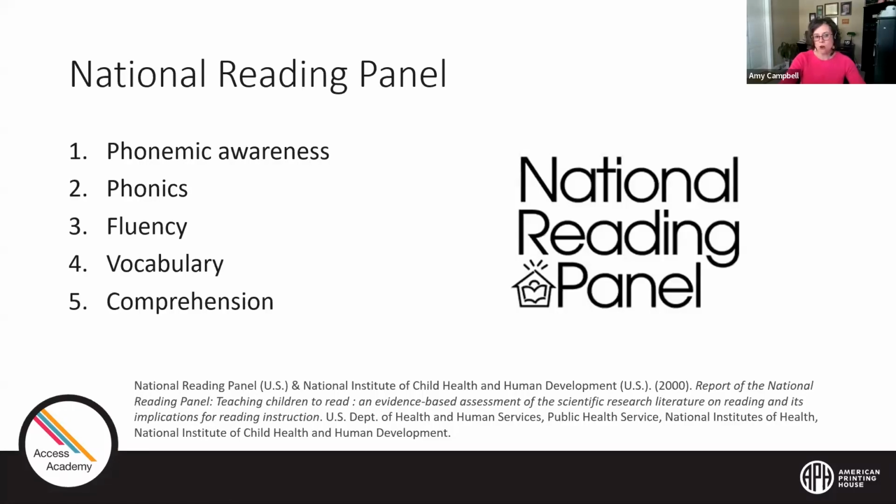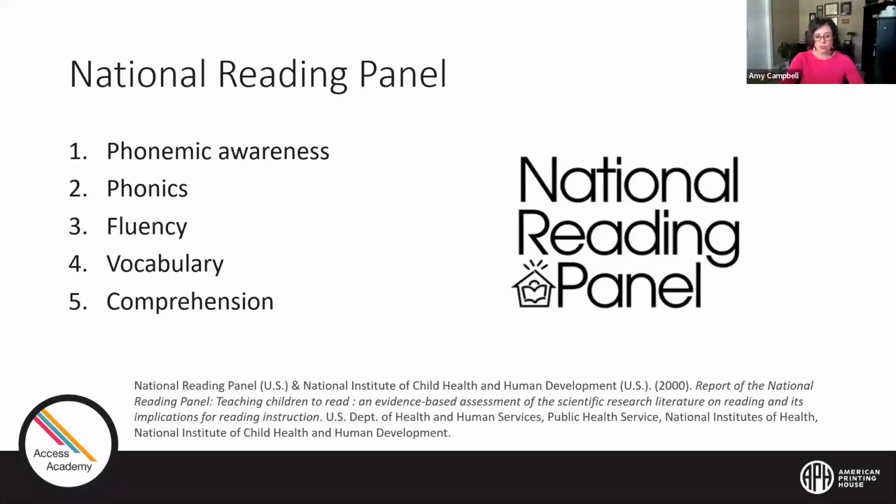Knowing that there are a lot of publications in circulation about how children become skilled readers, a long time ago, back in 1997, Congress established what's called the National Reading Panel. And it was over the course of 3 years that over 100,000 studies were reviewed. Their goal was to determine the most effective methods for teaching reading.